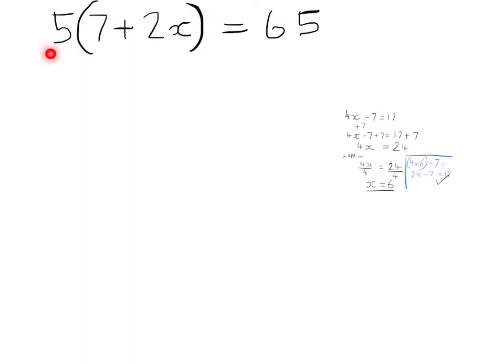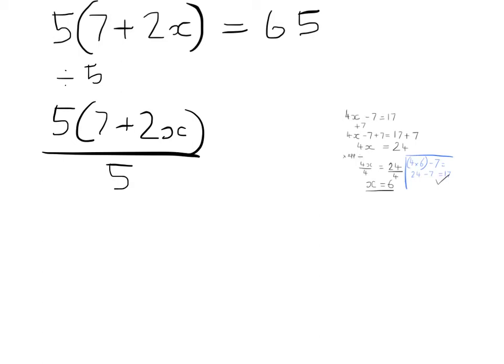Well, 5 multiplied by everything inside the bracket. So if I say, well hang on, why don't I just divide through by 5 and get rid of this 5 here? Okay, so let's do that. Let's divide through by 5. So we say 5, 7 plus 2x, divided by 5. Whatever we do to one side, we must do to the other. Divided by 5.